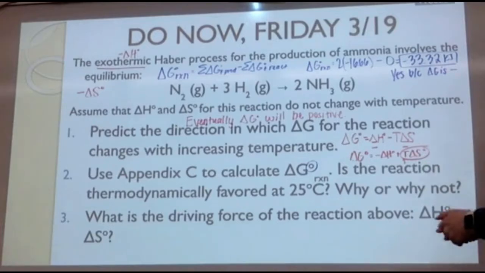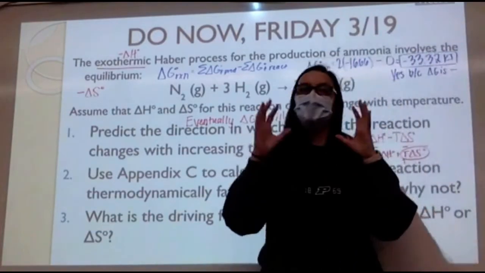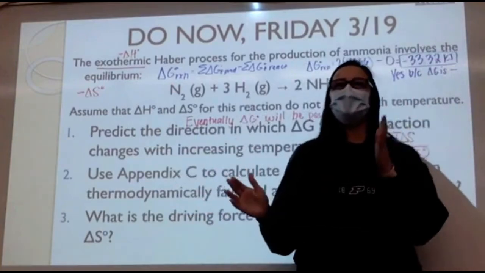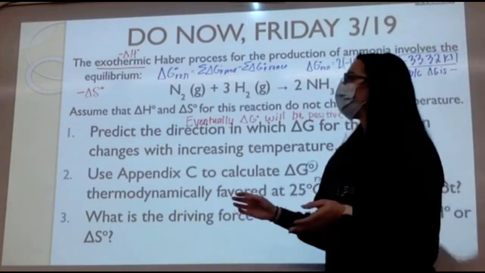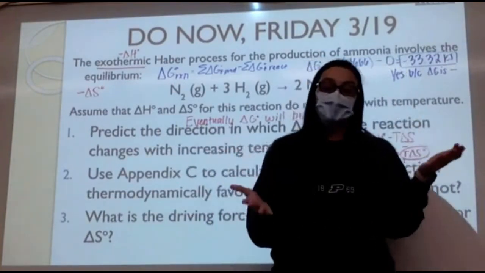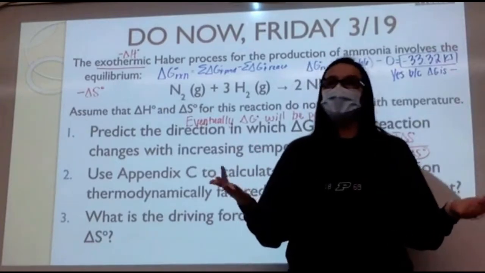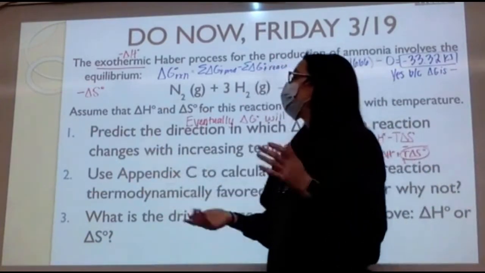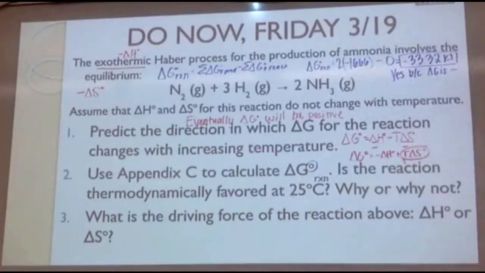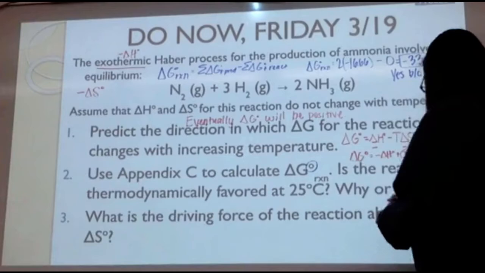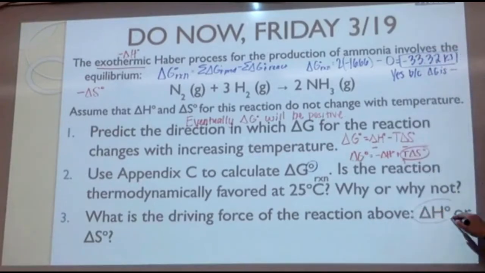Exothermic. Nature wants exothermic and disorder. So whichever of those we have, sometimes we have both, that is what the driving force of the reaction will be. So for number 3, delta H is the driving force.